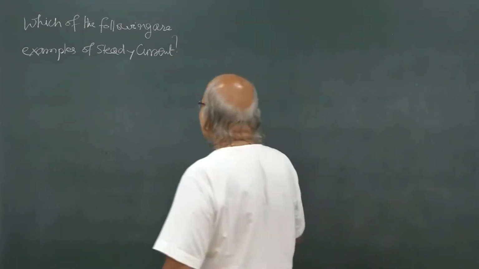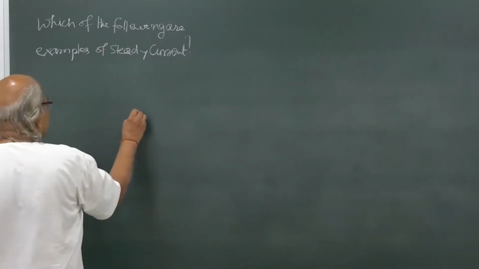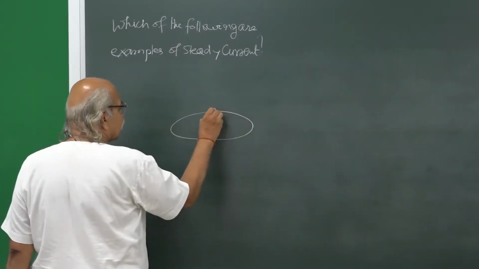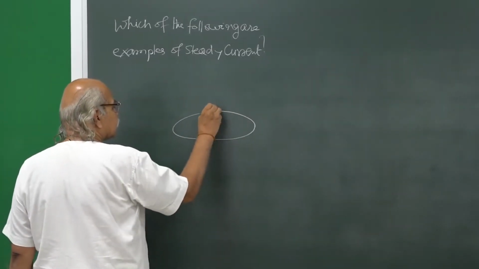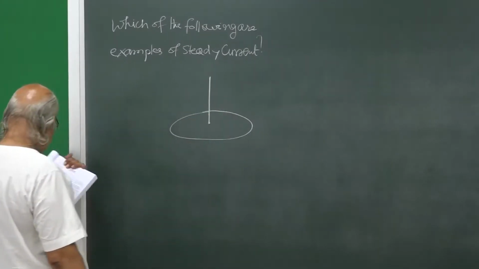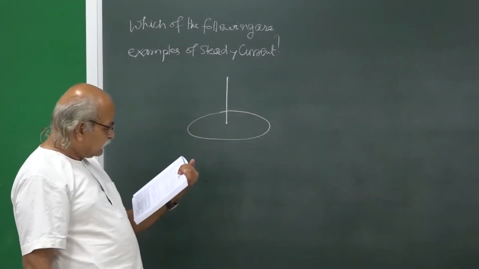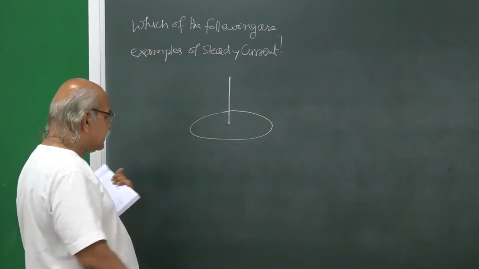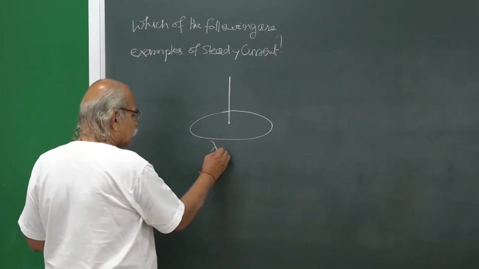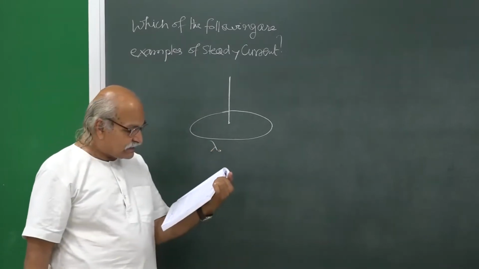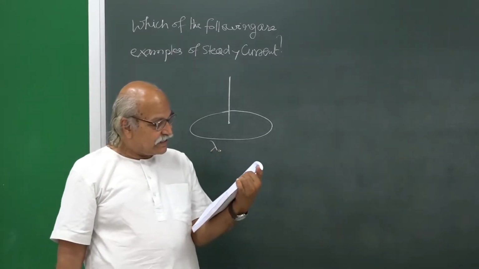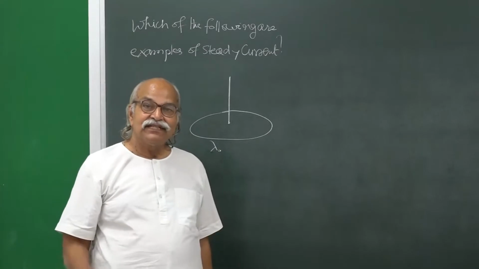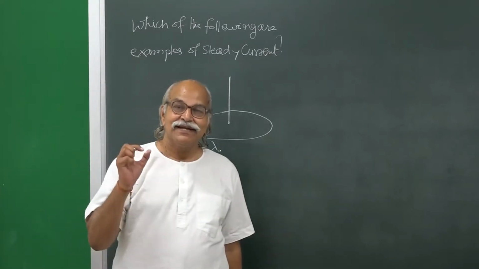So, you have a ring, and this is the axis of the ring, and this ring is uniformly charged, uniform linear charge density lambda naught. You know this linear charge density means charge per unit length.